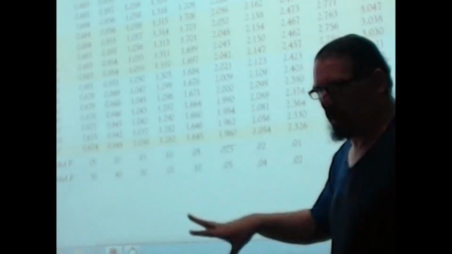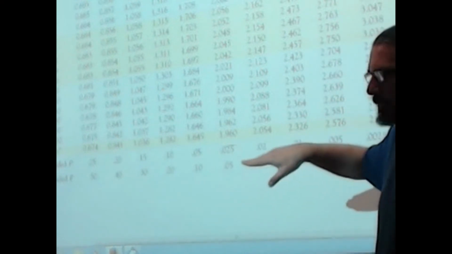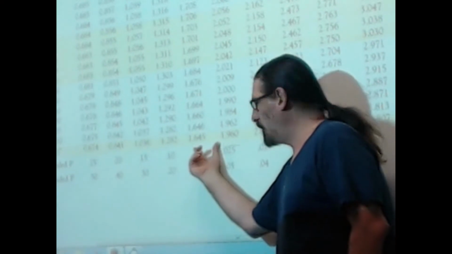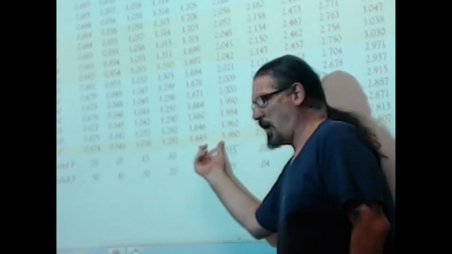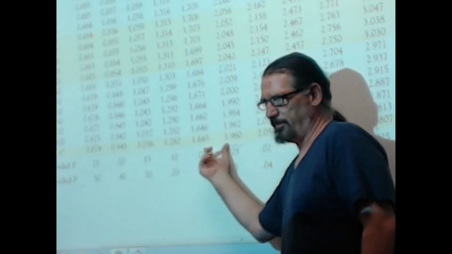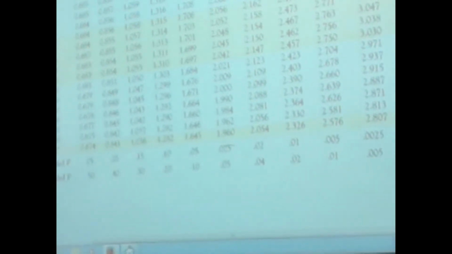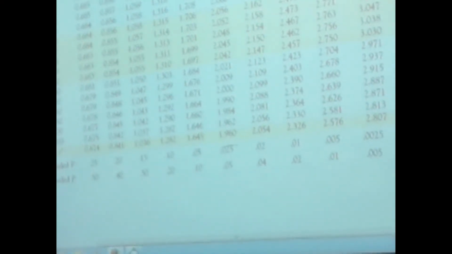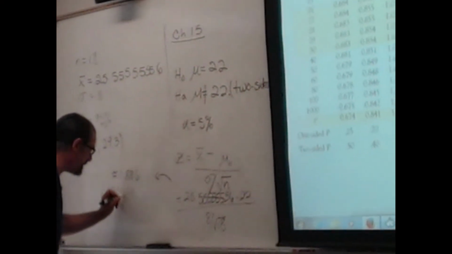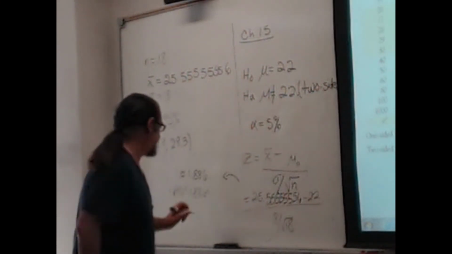in this case, though, we're going to be able to trap the 1.886 between two closest values of Z stars. Would I be right that it's between 1.645 and 1.960 that are right next to each other? Okay. So 1.645 is less than the Z value we got, and what we got is less than the 1.960.